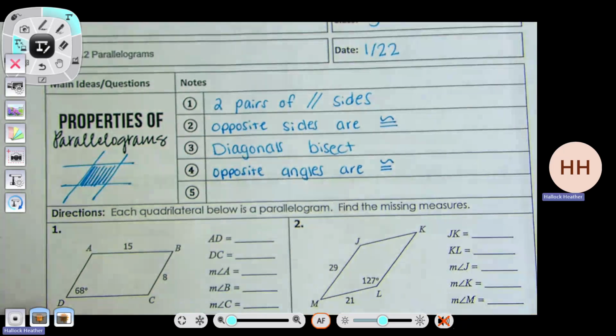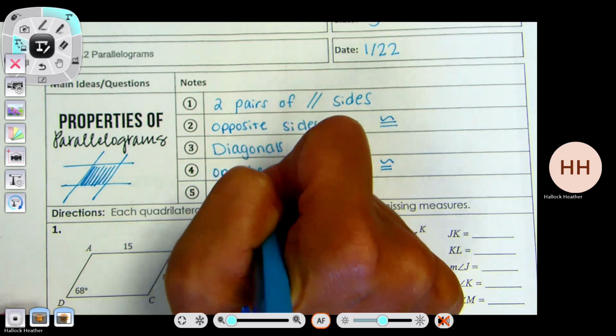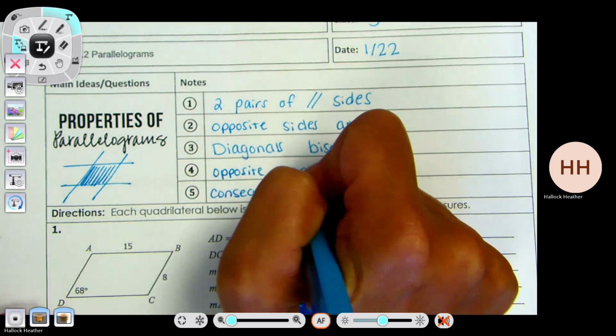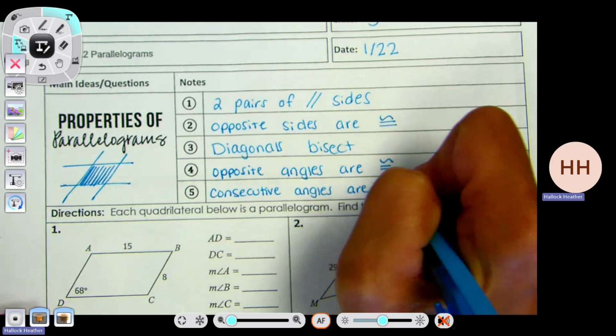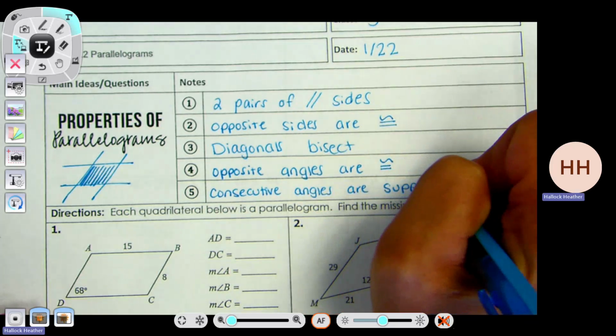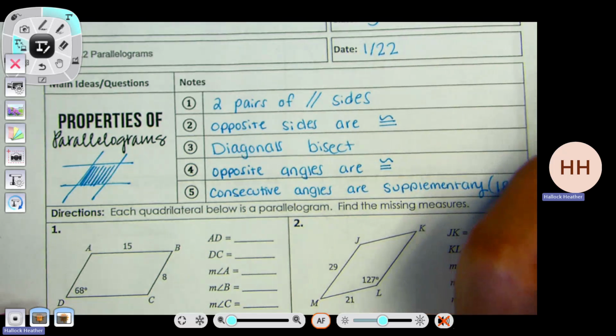And consecutive angles, which means one after another, are not congruent, they are supplementary. Does anybody remember what supplementary means? Nice. They need to add to make 180 degrees.